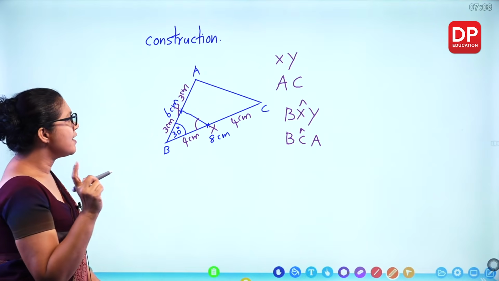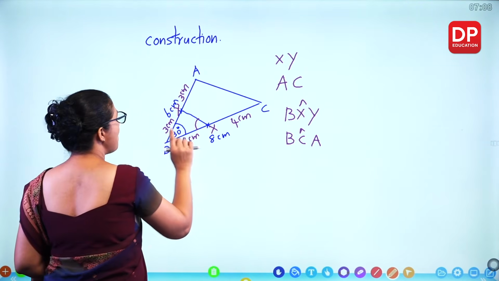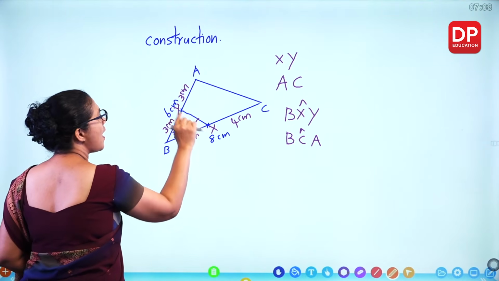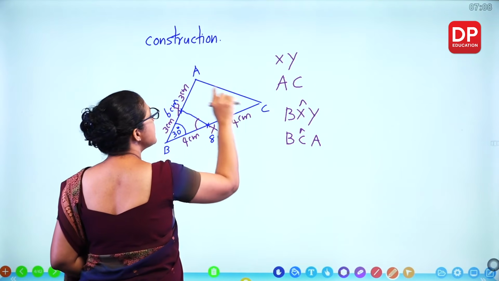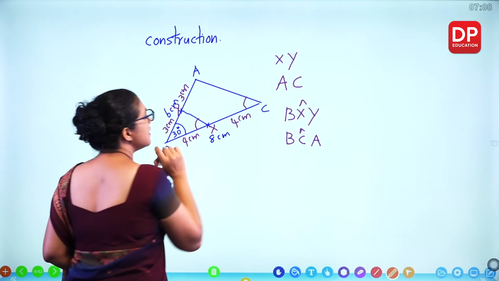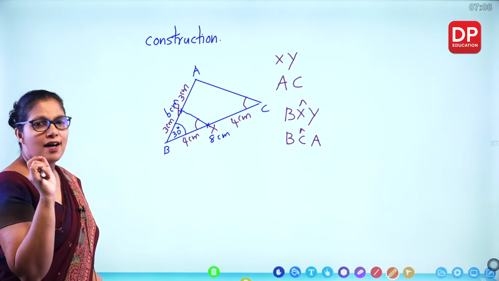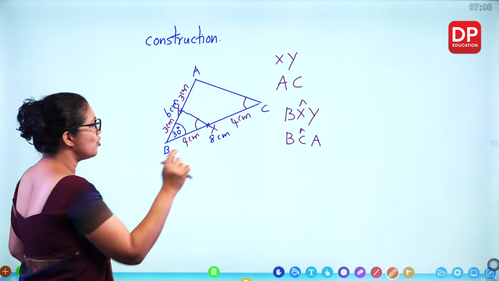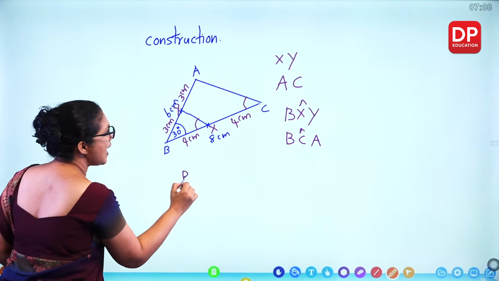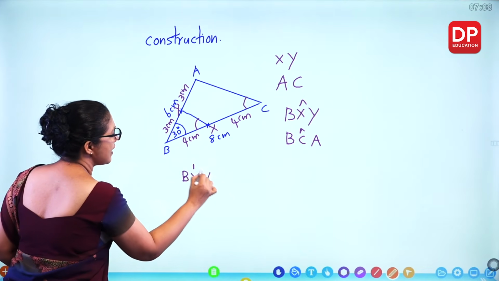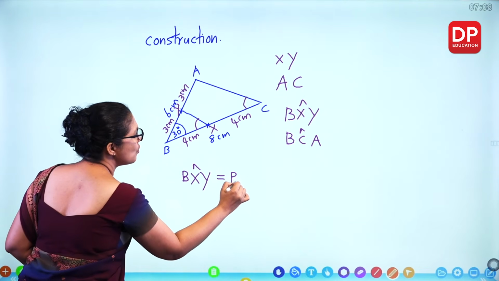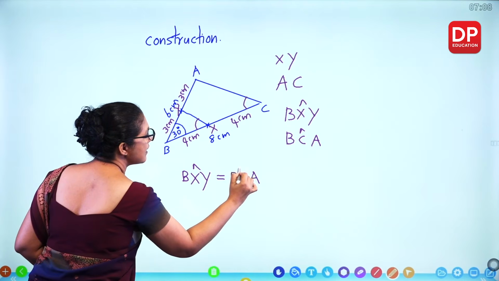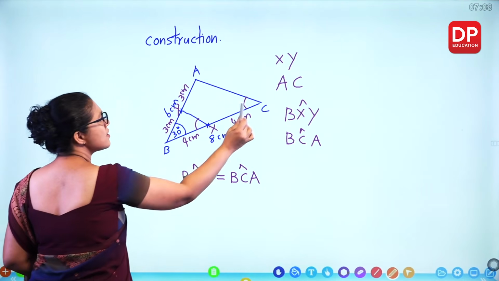You will realize that when we measure the BXY angle and the BCA angle, these two are equal. BXY angle is equal to BCA angle. So what are those?